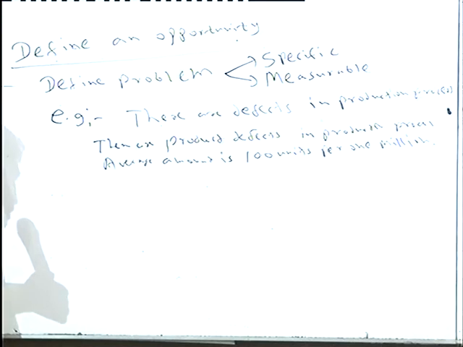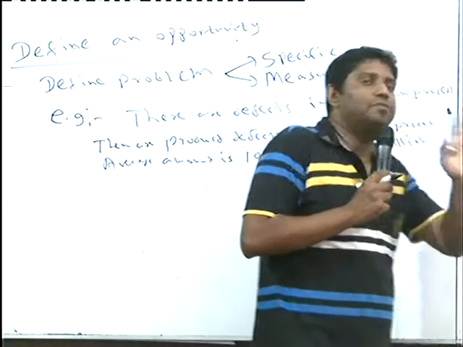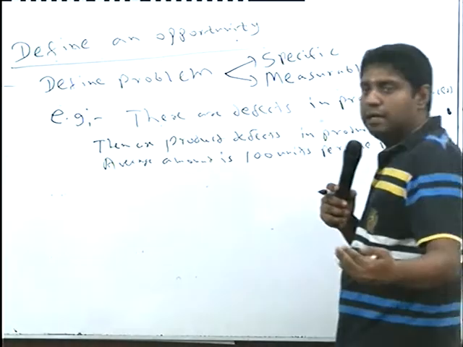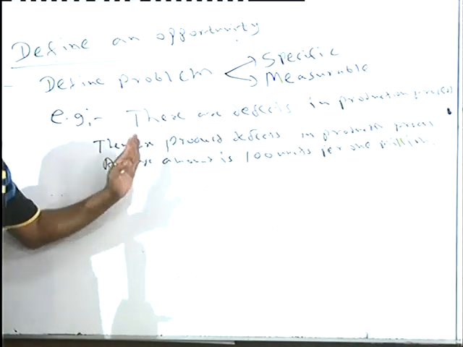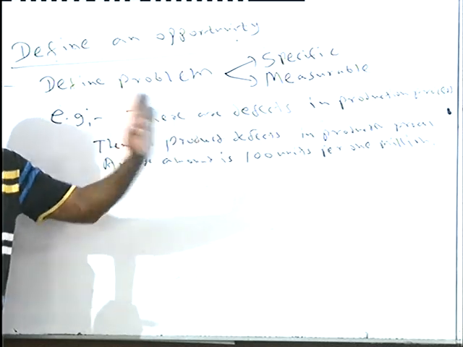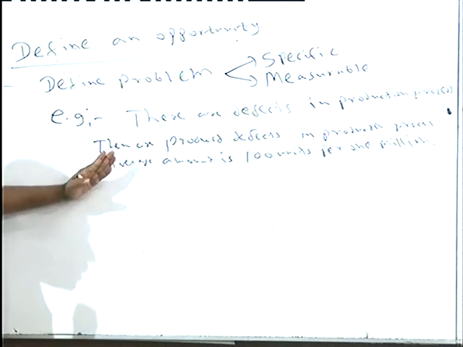We have past data and we analyzed it, and accordingly we found there are normally 100 defective units when we produce 1 million units. Is it quantifiable? Yes, it is shown in specific and quantified form.